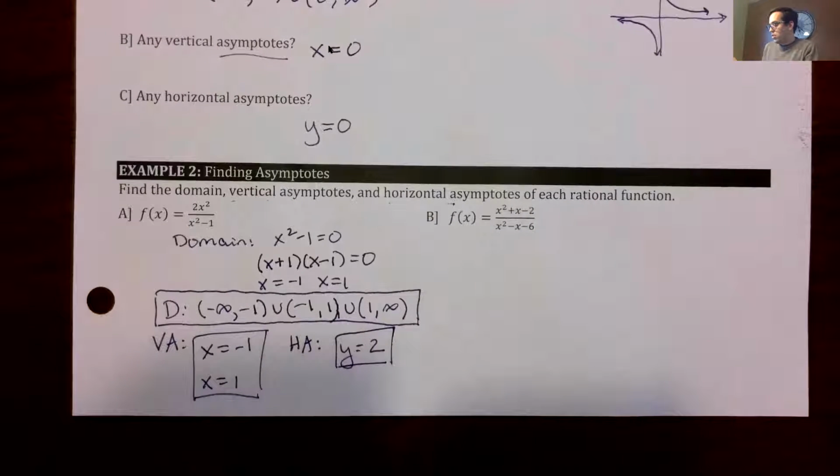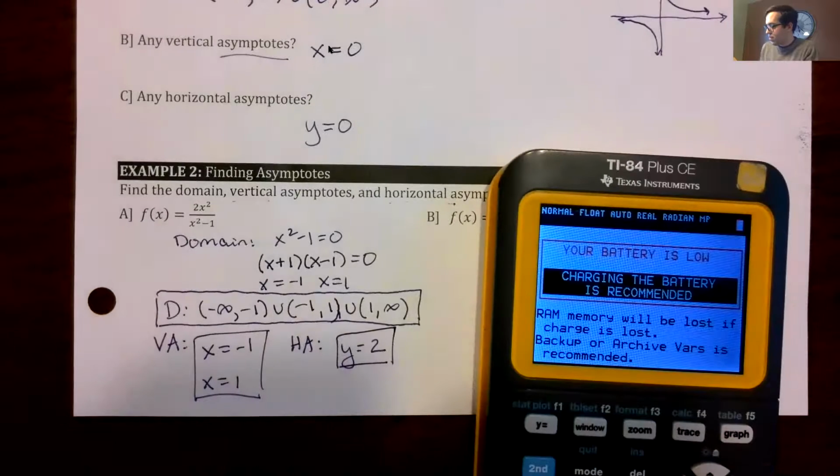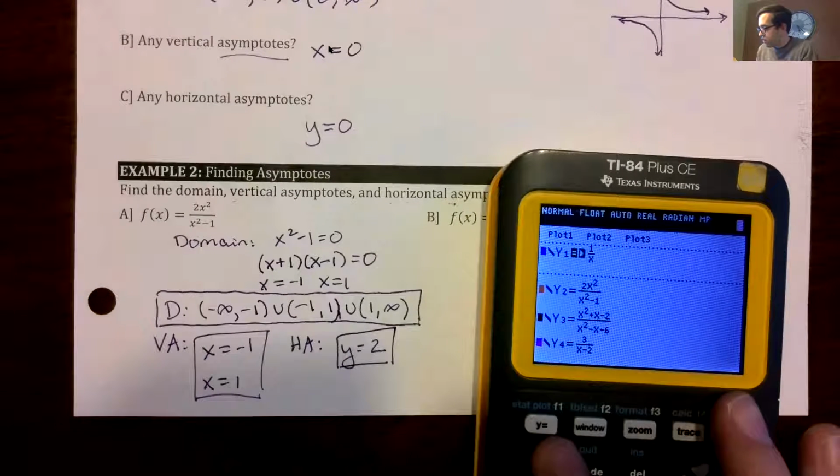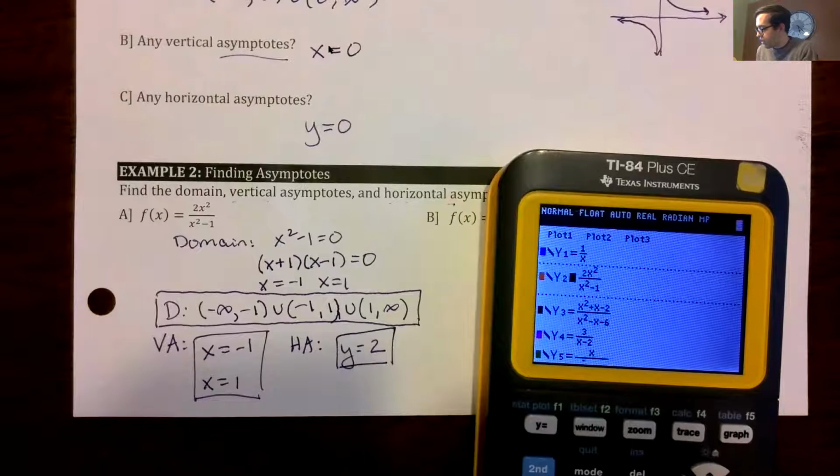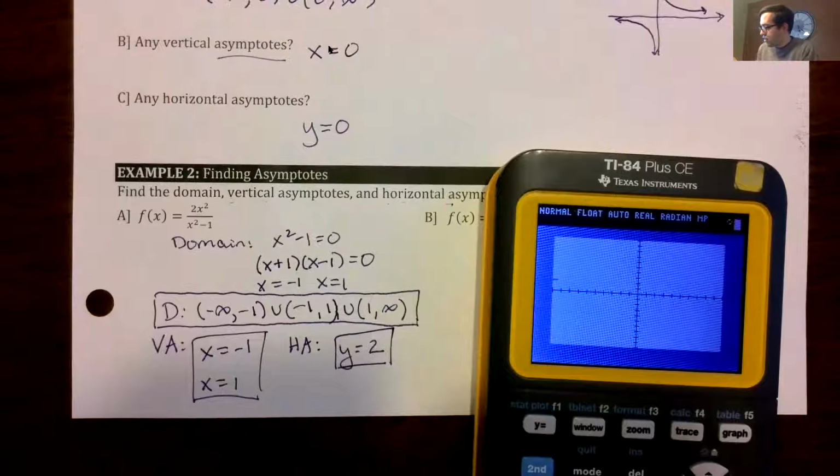So what I'm going to do is on my graphing calculator, oh geez, well, apparently I have to charge, but hopefully that will last for the video. We'll see. If I look at the graph, what we should find is we have a vertical asymptote at -1 and 1.